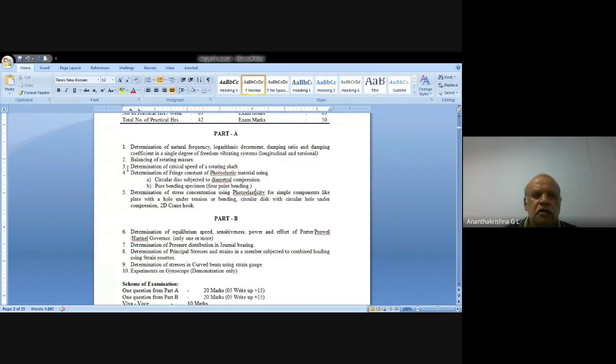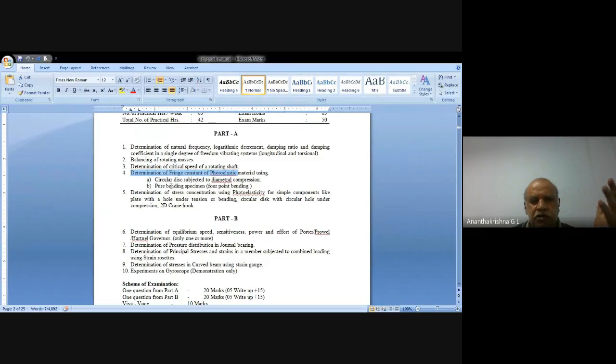Yes. Using photoelasticity principle, we are having 4 experiments. First two will be to find out a material fringe constant of photoelastic material. Essentially, it's a circular disc subjected to diametral compression. So we are going to have a specimen made out of photoelastic material like epoxy, and then we subject that to diametral compression.